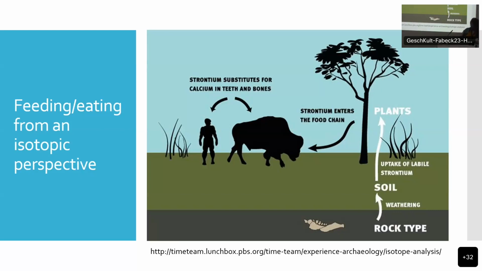For other isotopic methods, like those more interested in mobility, climate, birth seasonality, etc., diet is an intervening factor that shapes the use of this isotopic data as a proxy for the activity or process of interest. In addition, though we're not maybe supposed to talk about it at this conference, eating and feeding are foundational to the use of non-human animals as the source of baselines for the studies of human diet.